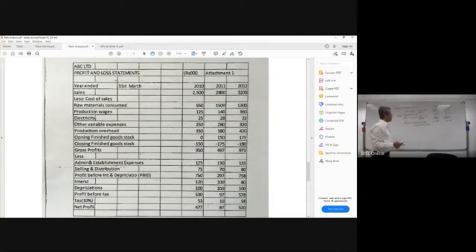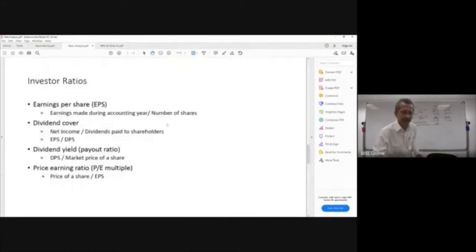For 2011, net profit plus tax plus interest: net profit is 87, tax is 10, interest is 100, so 197, divided by equity and term loans. Where can we find equity and term loans? We have to go to the balance sheet.